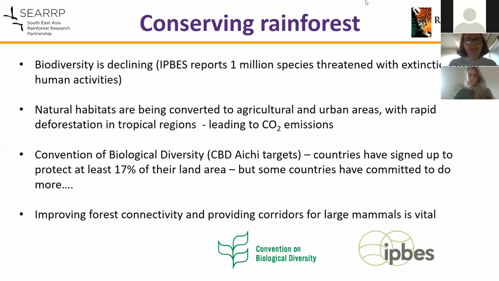And of course, with these commitments, these so-called Aichi targets, we're running out of time because of the commitment to reach those by the end of 2020. And the particular thing that Sarah and I are going to be talking about is building in consideration of forest connectivity and providing corridors for animals into these commitments for protected areas.